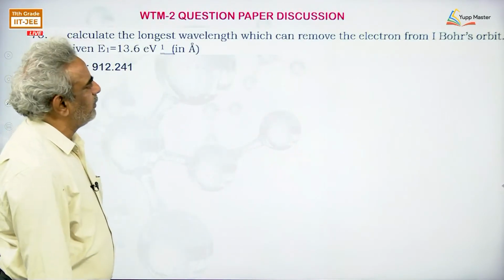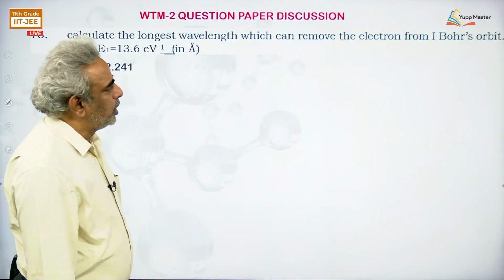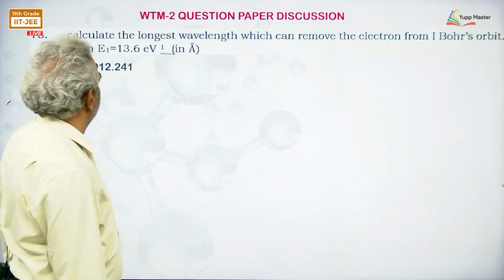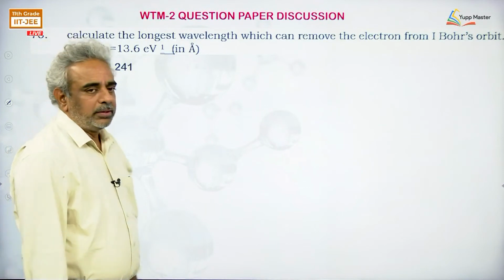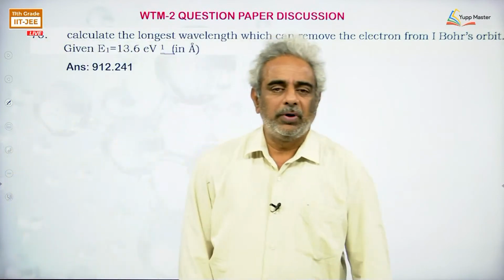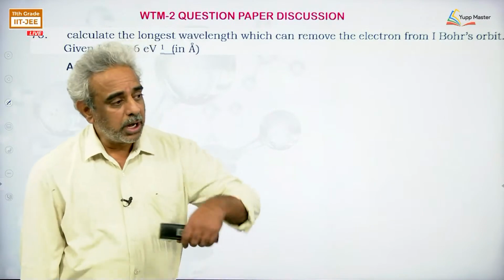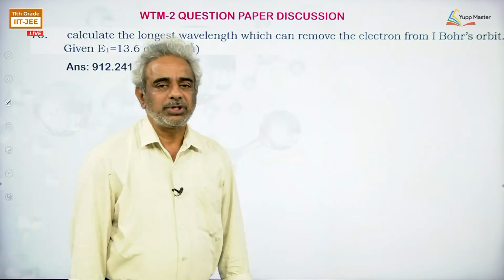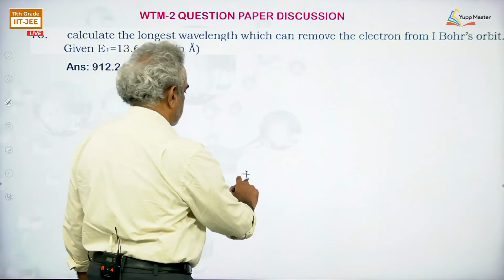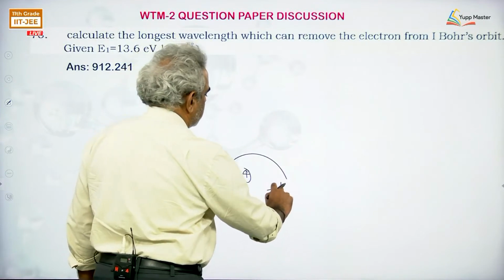Calculate the longest wavelength which can remove the electron from the first Bohr orbit, given the IP of hydrogen is 13.6 electron volts. What is he asking? He is asking the wavelength of a photon which can knock out the electron from the first orbit. So, you have the electron in the first orbit with what energy?